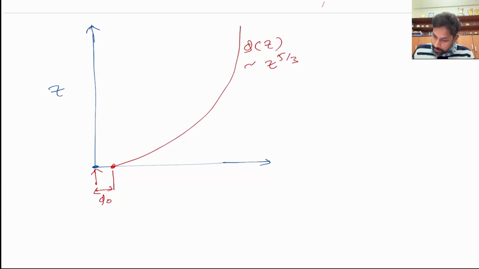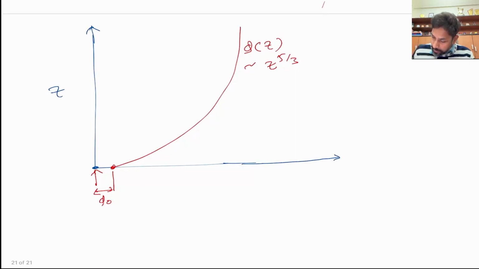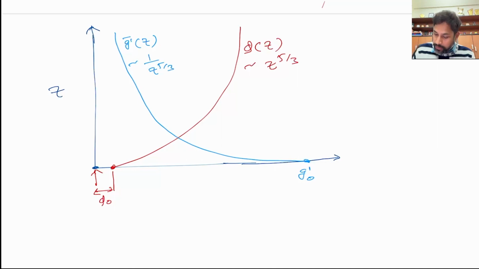If you want to plot G prime naught, it will look something like this, where this is G prime naught and this is G prime bar as a function of Z, which is decreasing with 1 over Z to the power 5 by 3.